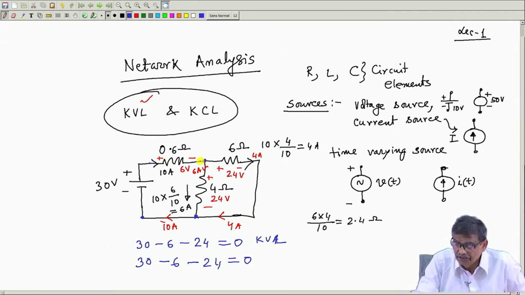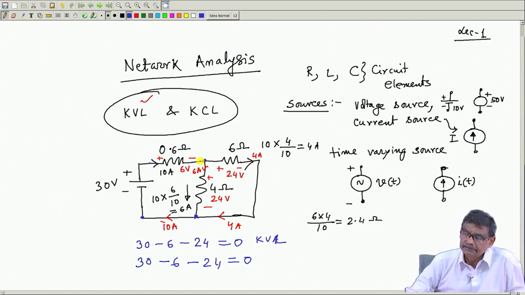Acha, because I have drawn this circuit, I will also tell you another important thing. With reference to this simple circuit, which consists of only resistance and a fixed DC voltage, we have explained KVL and KCL. Another thing I will explain: these are circuit elements.